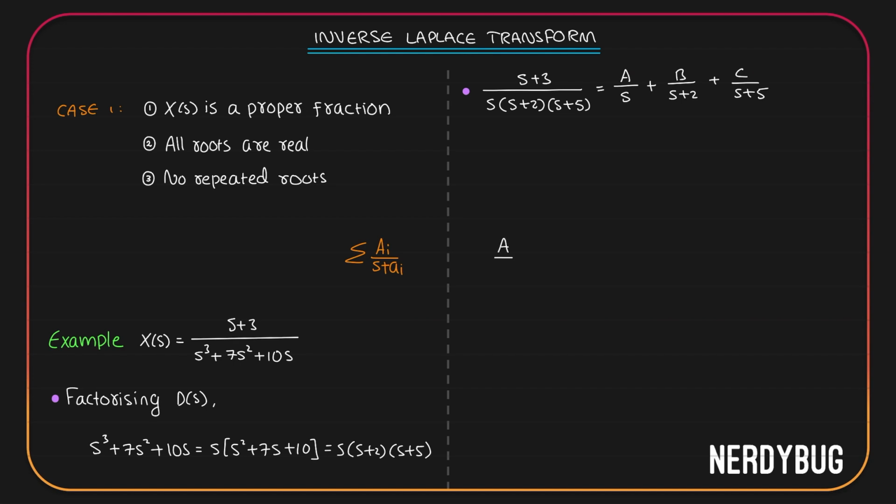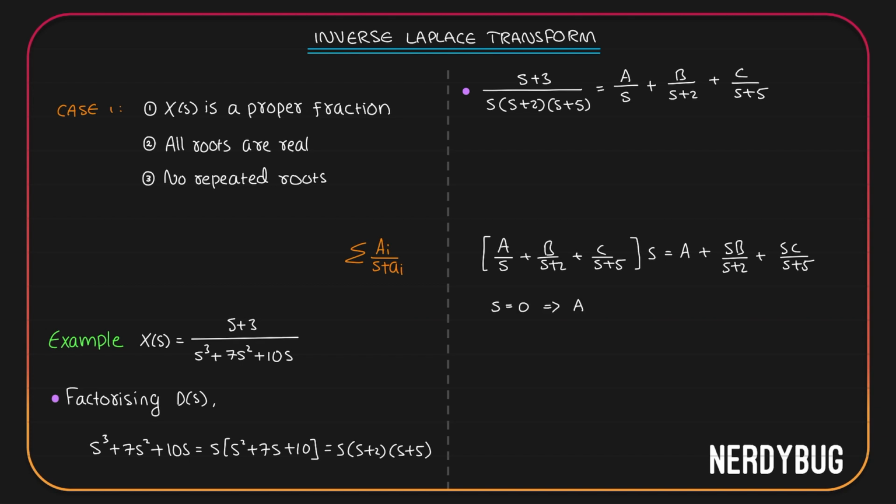For that, let us take X(s) as A by s plus B by s plus 2 plus C by s plus 5. I am going to multiply this with s. Then I will get A by s multiplied by s is A, plus sB by s plus 2, plus sC by s plus 5. All I did is multiply X(s) with an s. Now I am going to give a value to s. Let us say s is equal to 0.